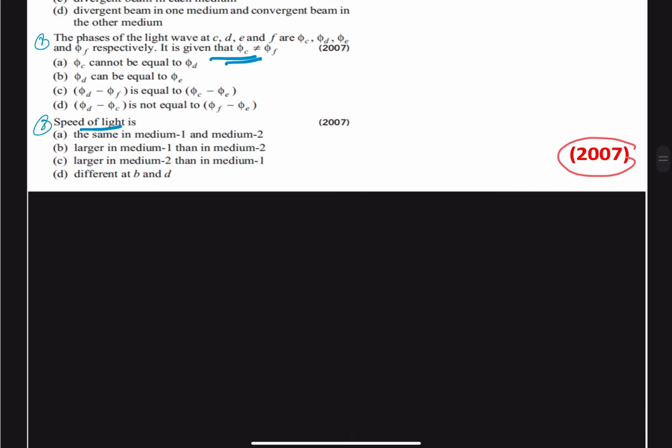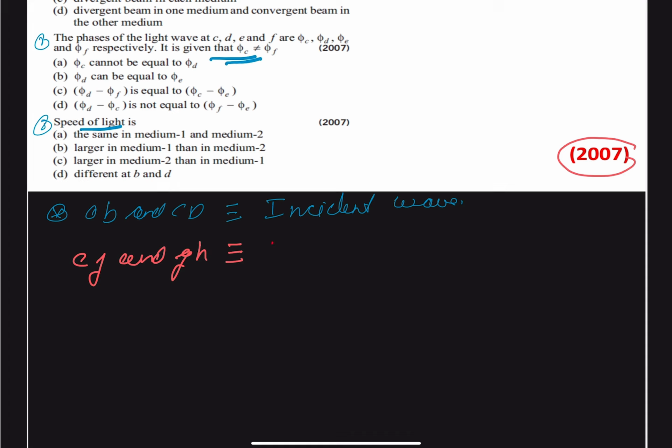Okay. So in this case we have medium 1 that is above xy, and medium 2 that is below xy. In medium 1, we can consider AB and CD as the incident wave, and we can consider EF and GH as the refracted wave.